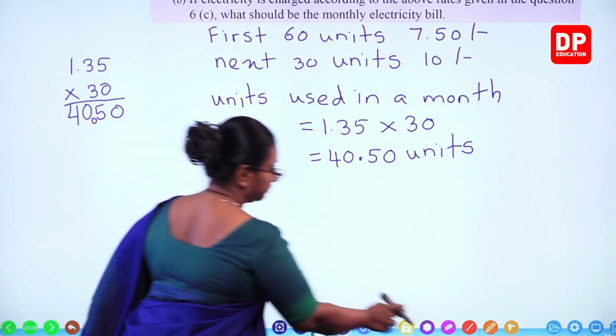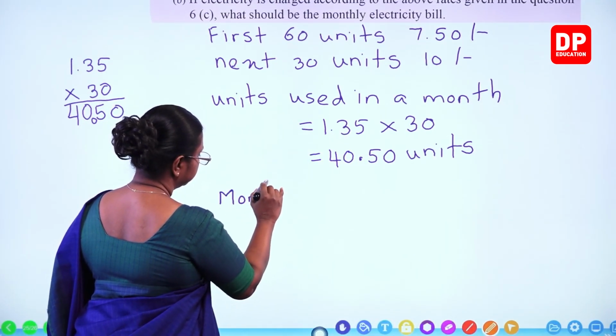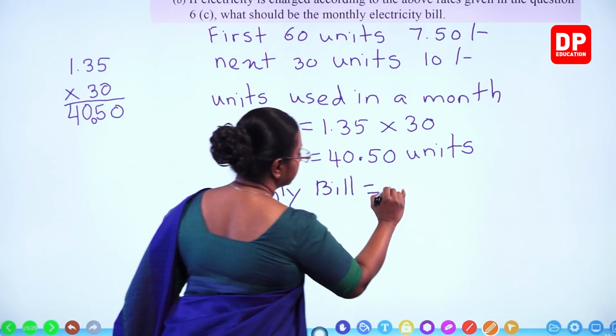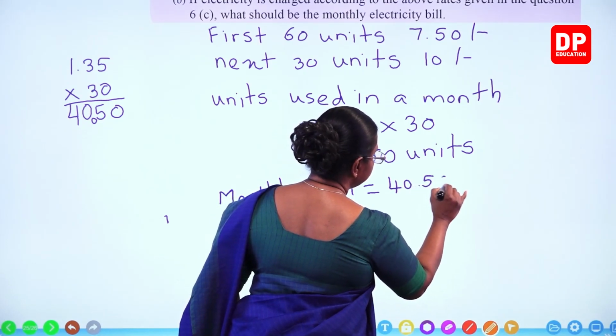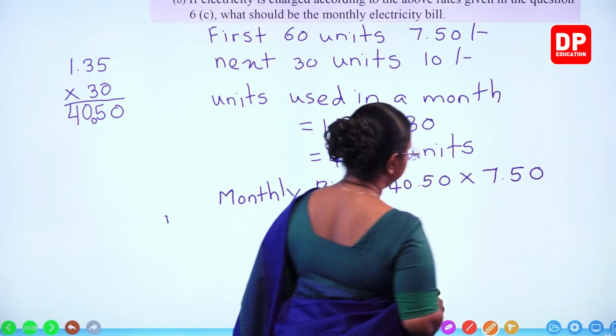So their monthly charge or monthly bill we can say equals 40.50 units into rupees 7.50.